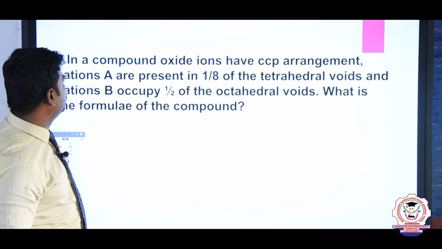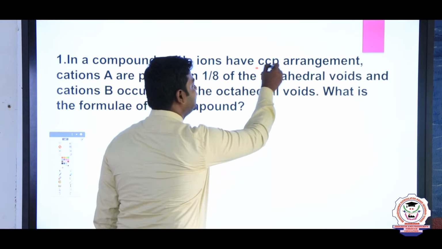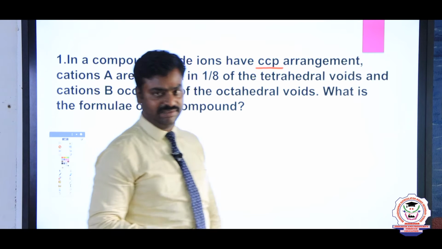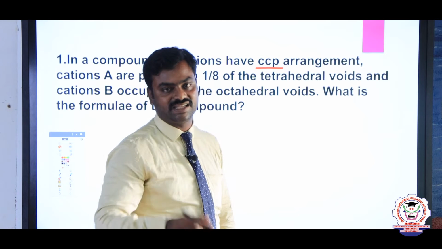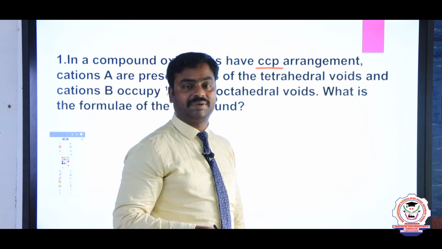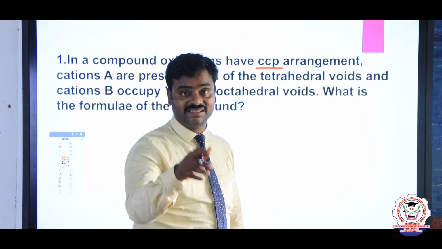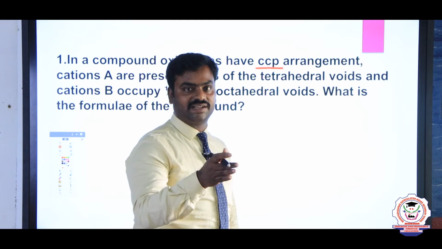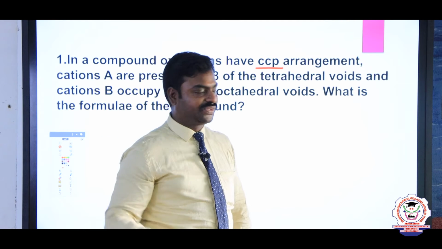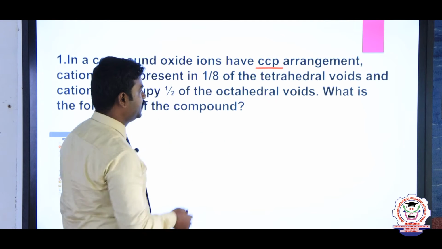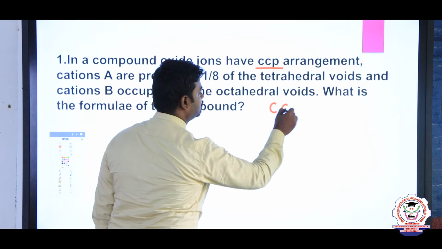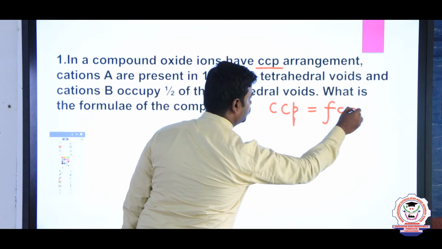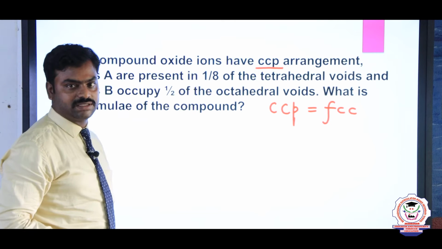They clearly say it is a CCP arrangement. What is a CCP arrangement? We already discussed earlier. CCP represents cubic close packing. In FCC only, close packing is observed. So, CCP is equal to FCC.